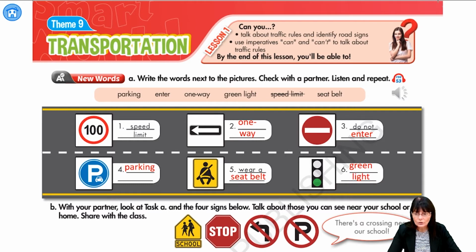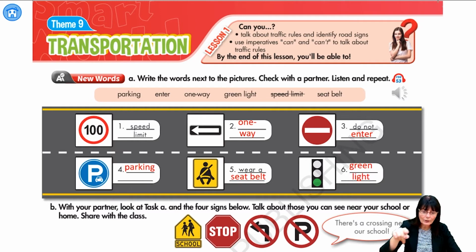You can talk about signs you see near your school or home, or any other signs around you, and just practice talking about them. We've got 4 signs there. One has a P with a line through it, so that means no parking.